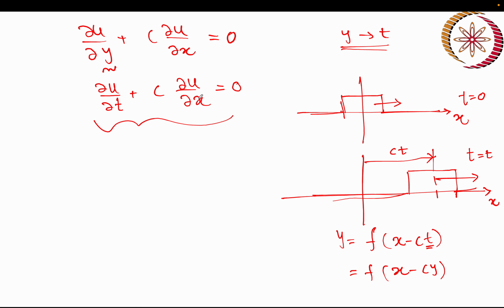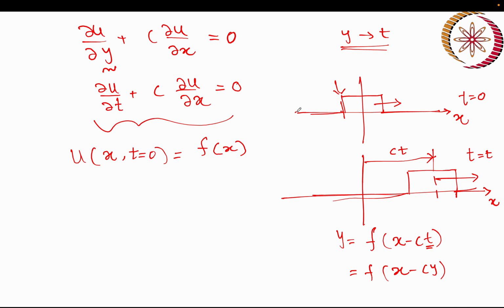Okay, so this is the differential equation, and let's say this is the initial state. So u at x and t, at t equal to 0 we know the form, so let's say it is f of x.